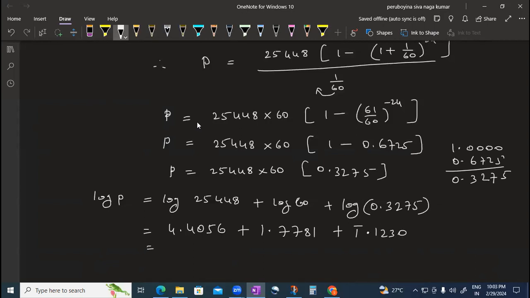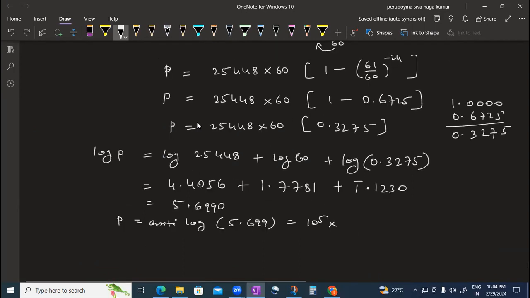Taking the anti-log of this, the final value is about 5 lakhs 2 rupees. I wrote that and multiplied with 10 power 5.